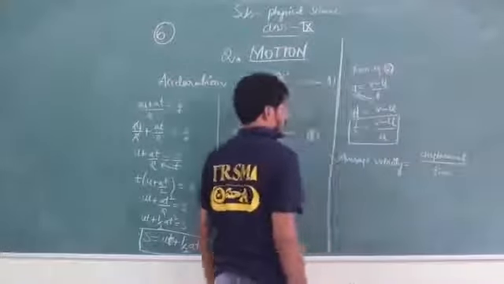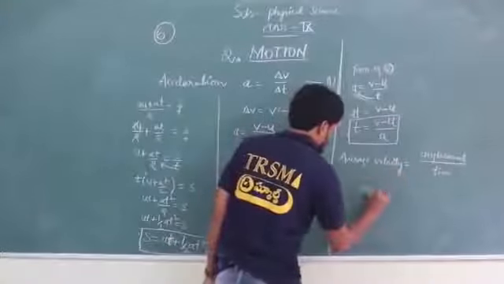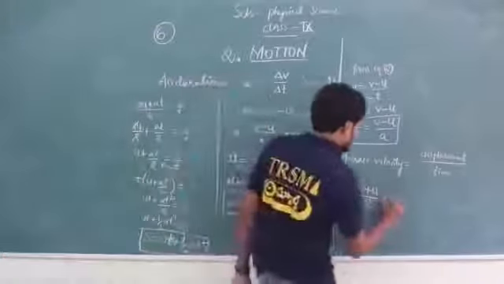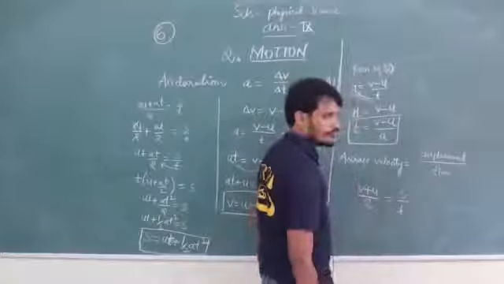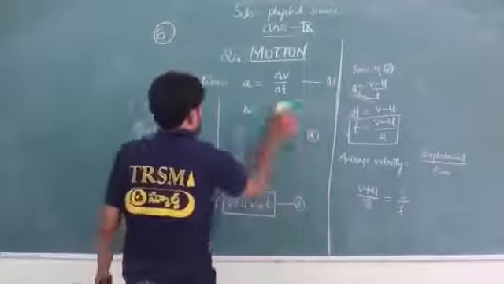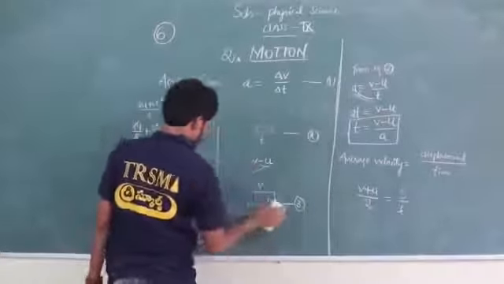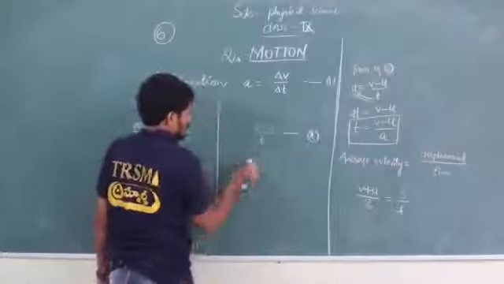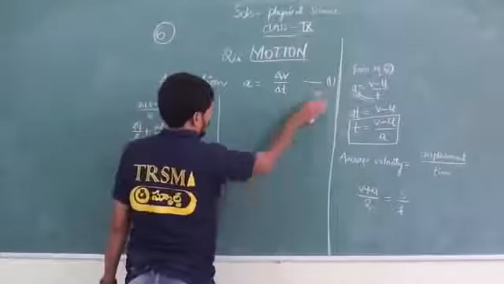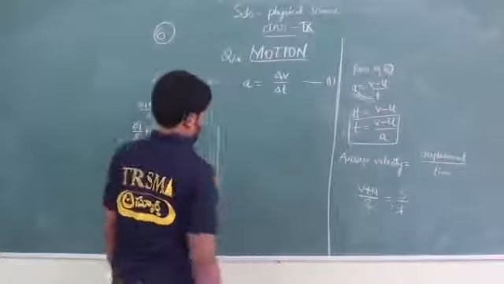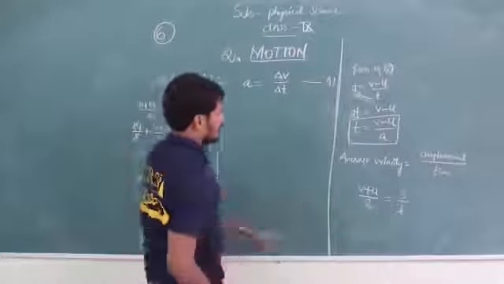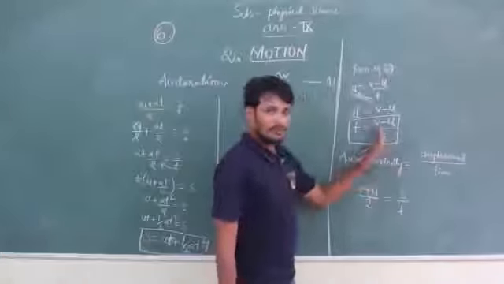That is (v plus u) by 2 is equal to s by t. So what is the t value here? (v minus u) by a, no?